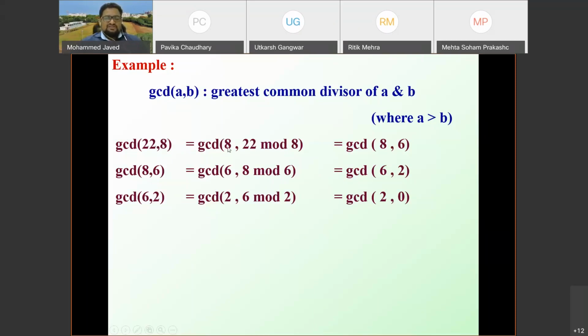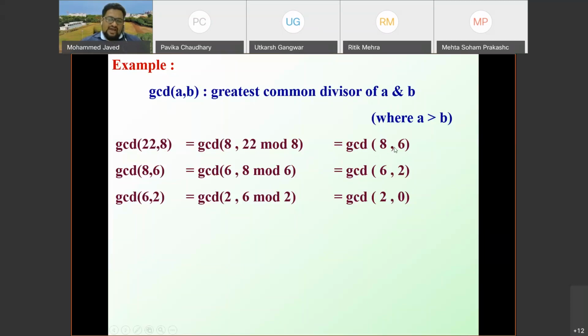So 8 is placed in the first position, and then we take the bigger number and apply the mod with respect to the smaller number. So GCD of (22, 8) is now split into GCD of (8, 22 mod 8). Computing 22 mod 8, the answer is 6, which gives GCD of (8, 6).